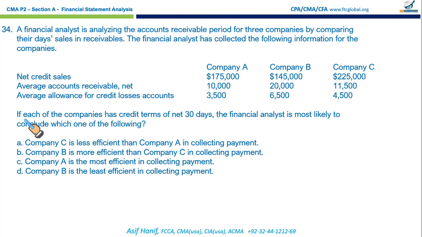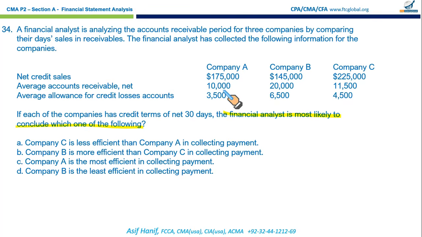Right. If each of the companies has credit terms of net 30, the financial analyst is most likely to conclude by calculating either the average collection period or the receivable turnover, whichever you can is perfectly fine. Please remember, when you calculate account receivable turnover, use gross receivables.